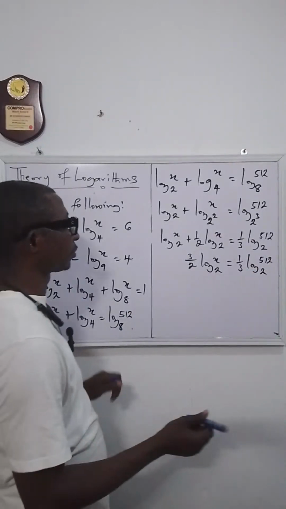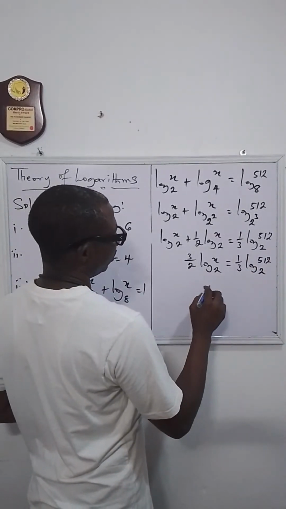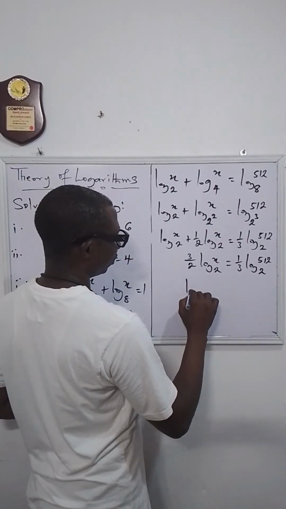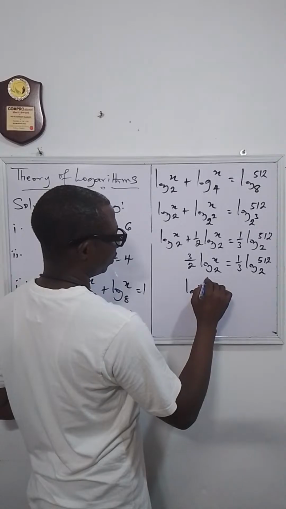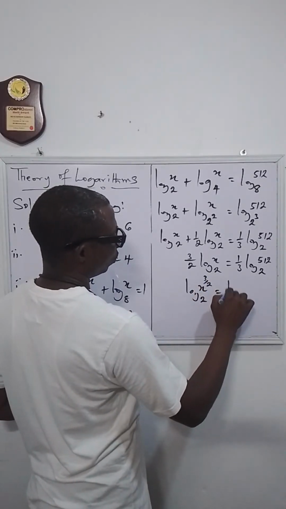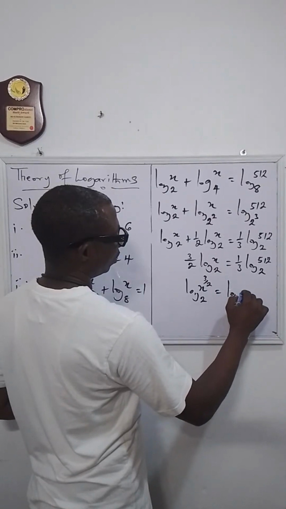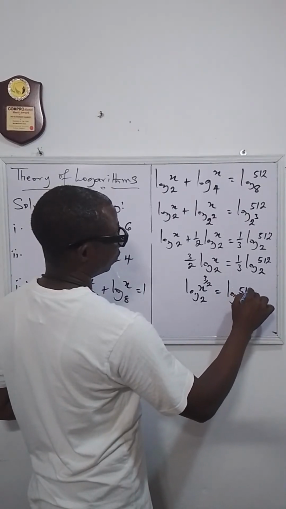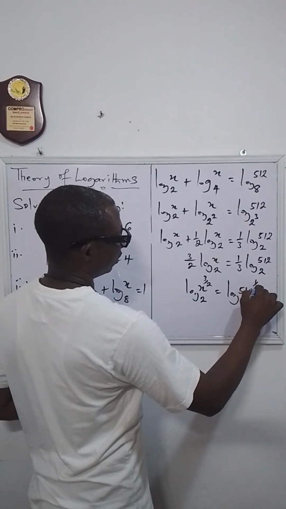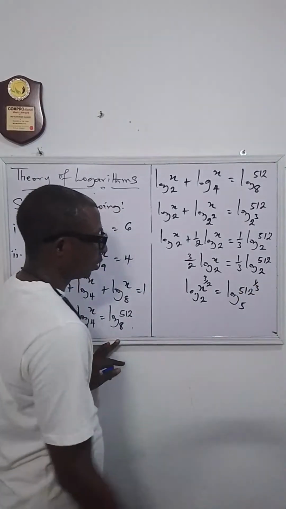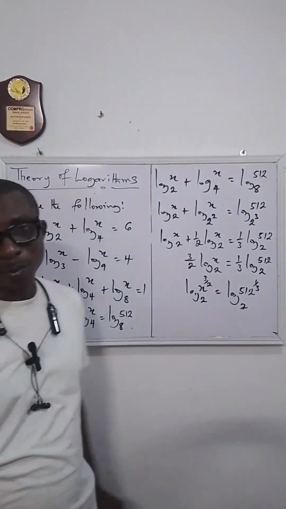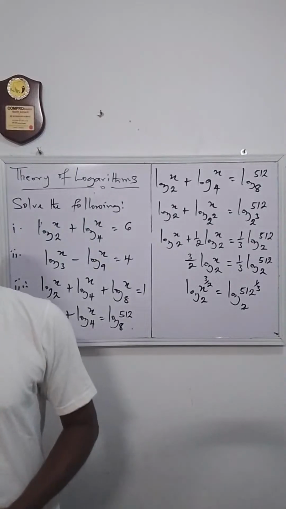Now this gives me log of x raised to the power of 3 over 2 base 2 equals log of 512 raised to the power of 1 over 3 base 2. I hope we understand that.